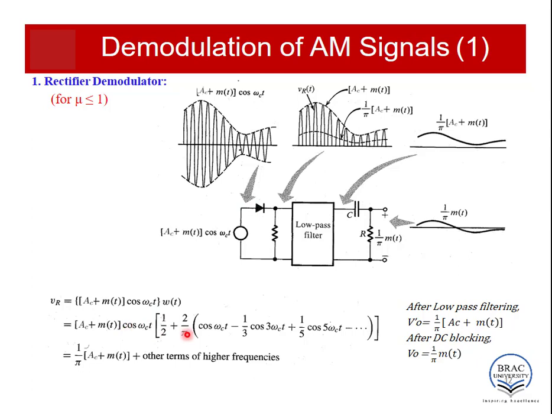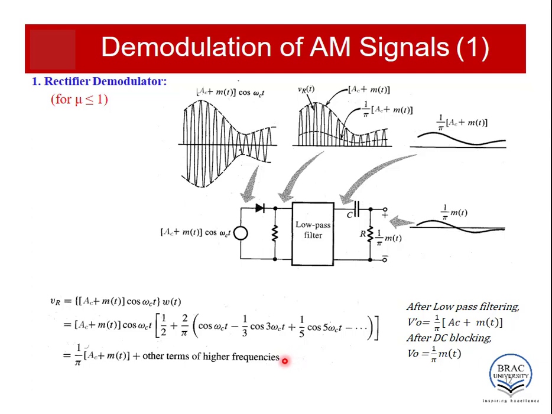If we use the Fourier series expansion for multiplication, we will get this result: 1 by pi into Ac plus m(t) plus other high frequency terms, which involve omega c, 3 omega c, 5 omega c, 7 omega c, etc. odd multiple of omega c terms.